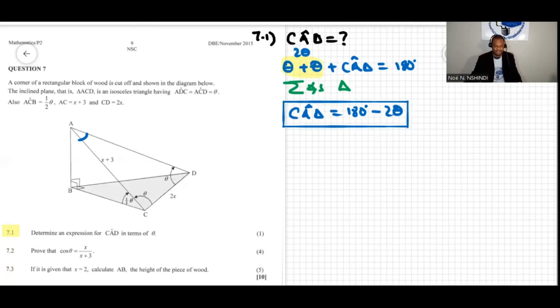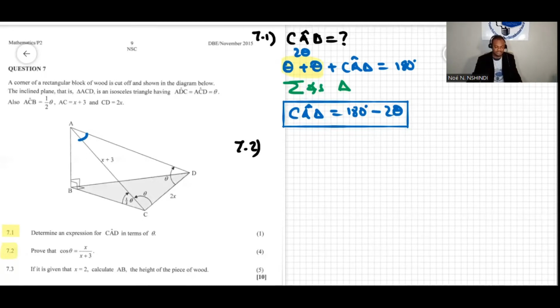All right, now the following question is question 7.2. The question says prove that cos theta equals x over x plus 3. I'm going to write the question over here. I cannot see x over here, but I can see expressions in terms of x.